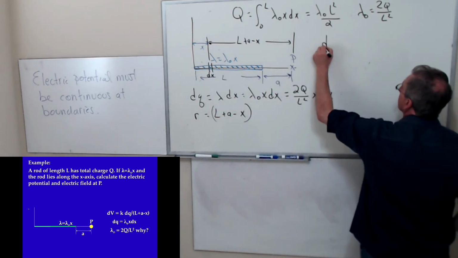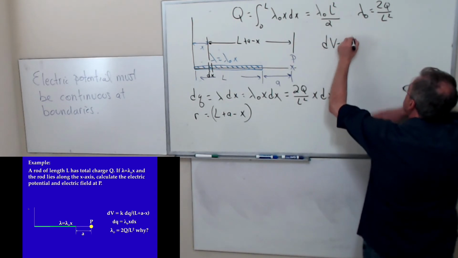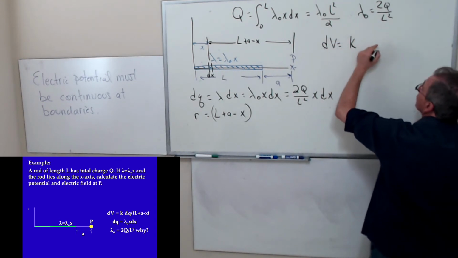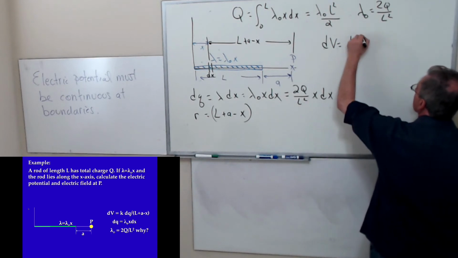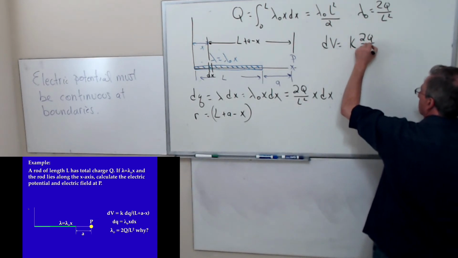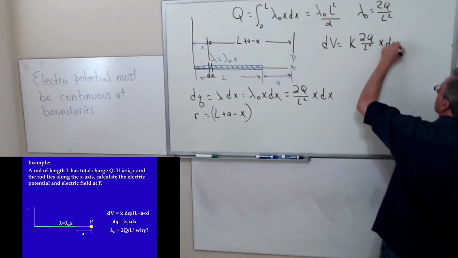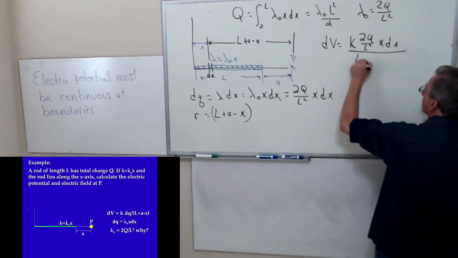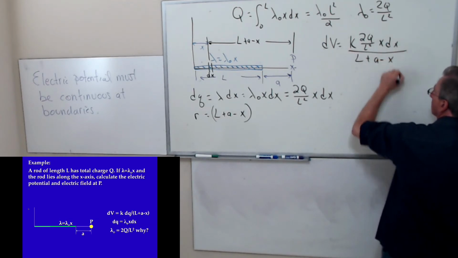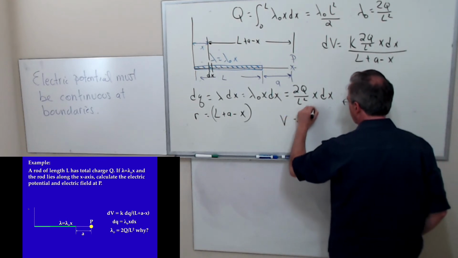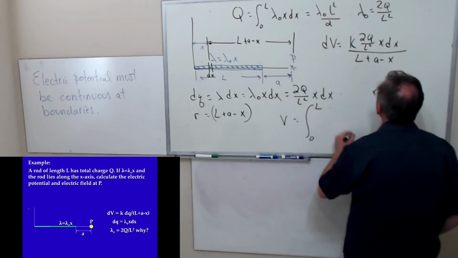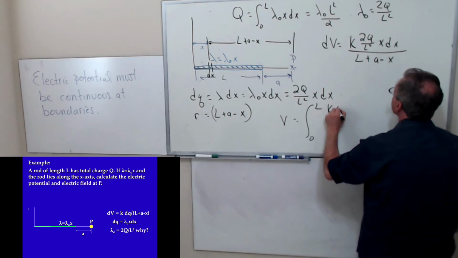Then our dV is K dq over R. And so V is going to be the integral over the whole length of the rod.